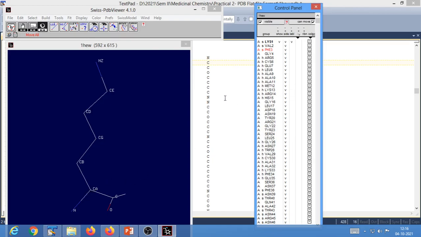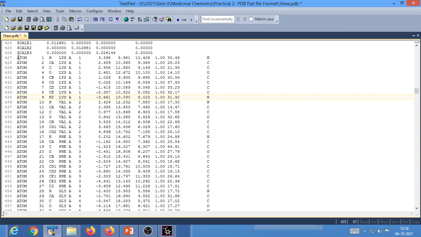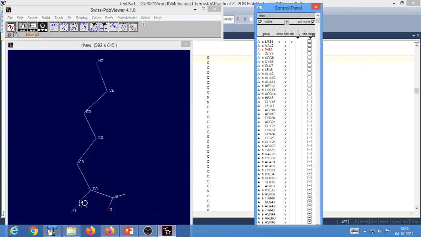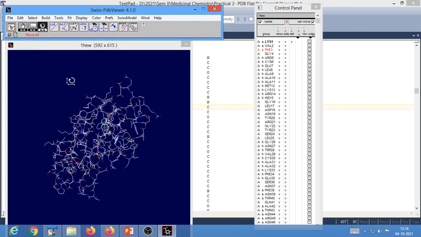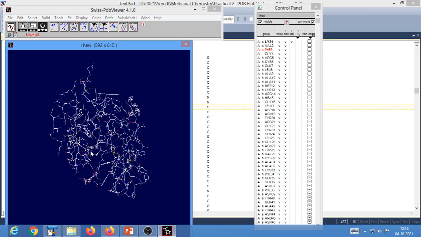In this way it iteratively reads all of the information on lines that start with ATOM, and goes on placing red, white, or blue dots depending on what kind of atom is present. And in this way, in three dimensions, you generate this beautiful model.